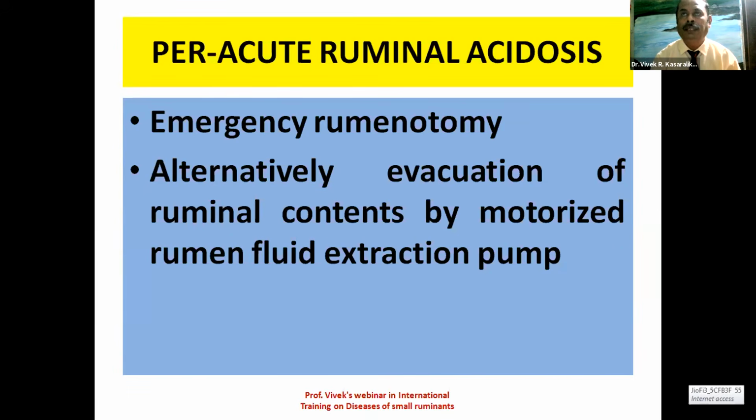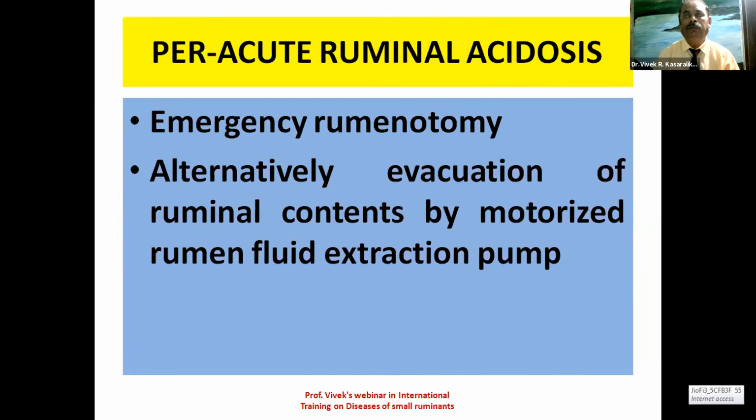There are some reports that as soon as you put the probang, the stomach tube, into the rumen, because of the pressure sometimes the contents get evacuated, but in very small quantity, 500 ml or 300 ml on their own. After that you need to attach it to a negative extraction pump so that a larger quantity can be removed. I have personally evacuated almost 2 to 2.5 liters of fluid in acute rumen acidosis cases.